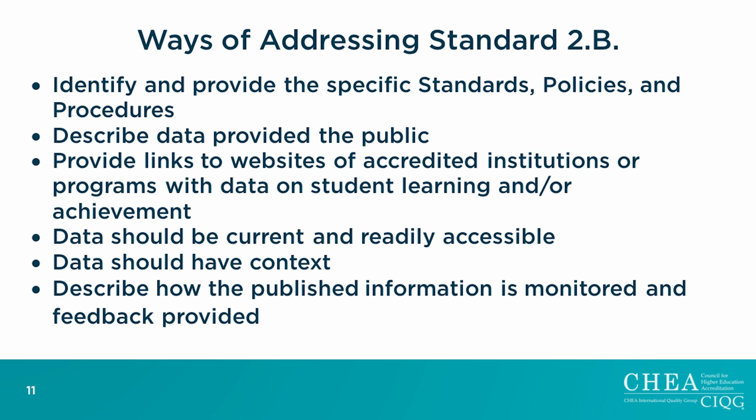The accrediting organization may identify the standards, policies, and procedures that require an institution or program to post on its website or in a readily accessible platform student qualitative and/or quantitative student achievement data, as well as the data required. This data on student learning and/or achievement is readily accessible from the institution or program's homepage. The name on the link should be easily understood by the public, and the information should have context.